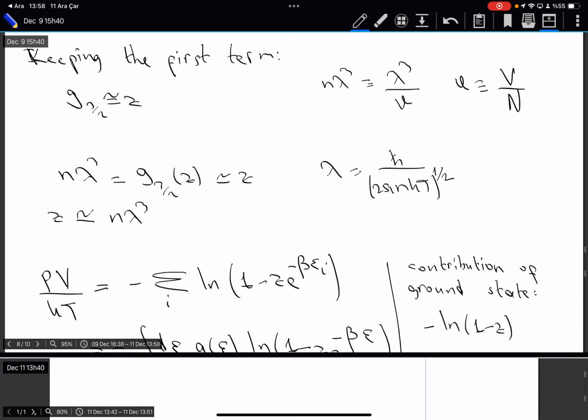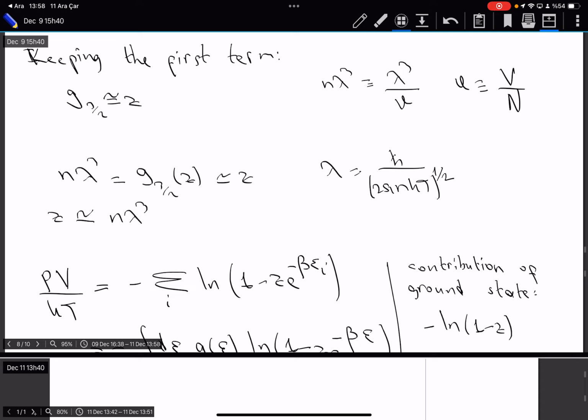On the other hand, I have this particle which has some thermal momentum, and corresponding to the thermal momentum, it has a wavelength which basically characterizes its quantum mechanical effects. So lambda cubed is essentially the volume of my particle. Volume of the wave of my particle, let's say. So if n lambda cubed is very small, it basically means that lambda cubed should be much smaller than small v, the volume per particle.